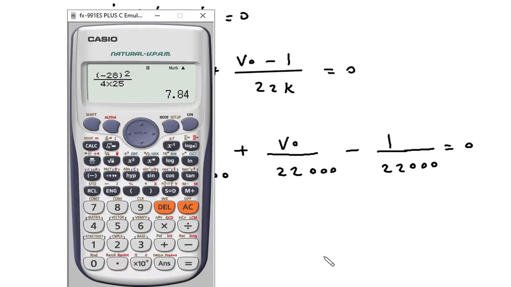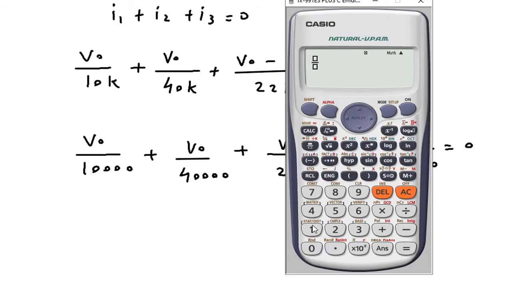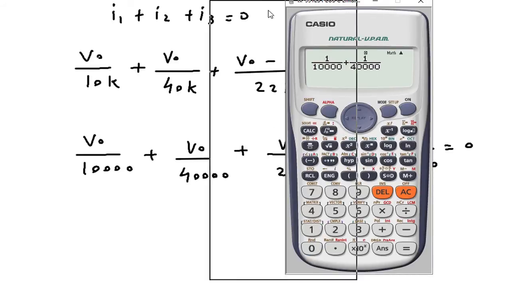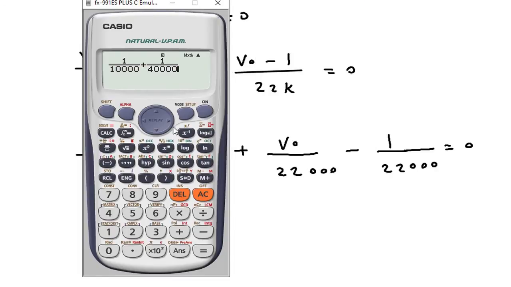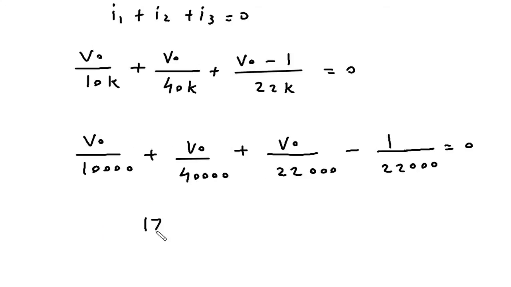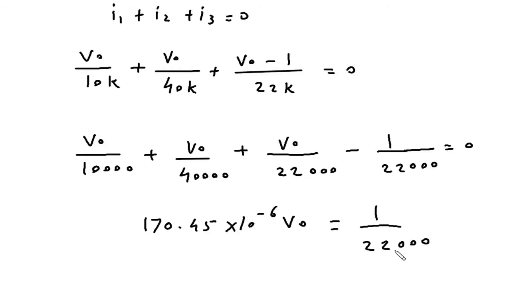So this will be (1 by 10,000 plus 1 by 40,000 plus 1 by 22,000) VO, which is 170.45 into 10 raised to the power minus 6 VO, minus 1 by 22,000 is equal to 0, or directly we can write this is equal to 1 by 22,000.